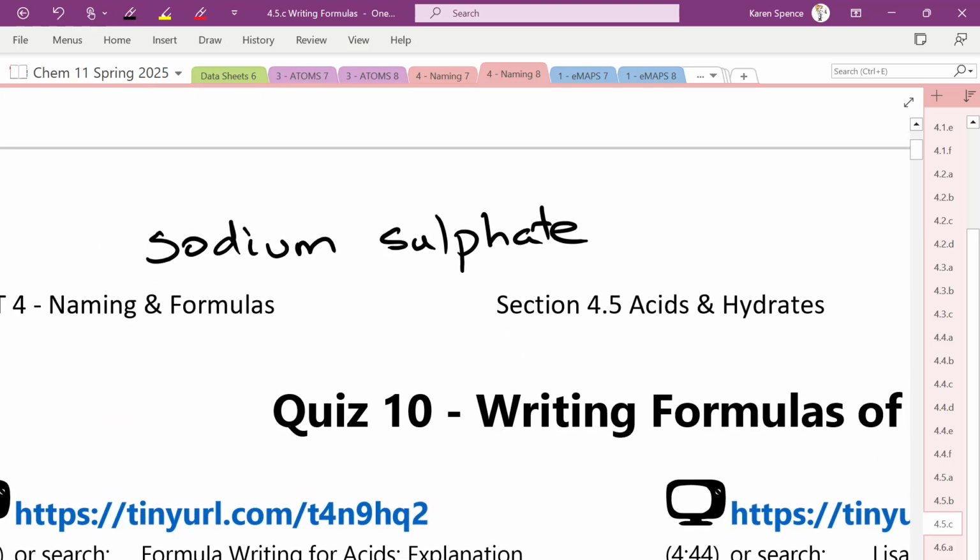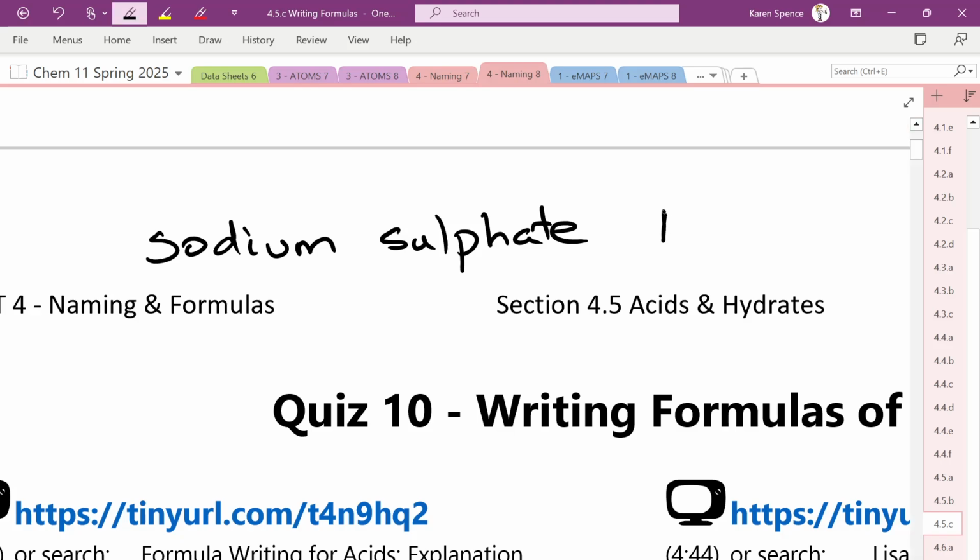Sodium sulfate. This is not an acid. This one has nothing to do with acids. This is an ionic compound. How would I write the formula for that?